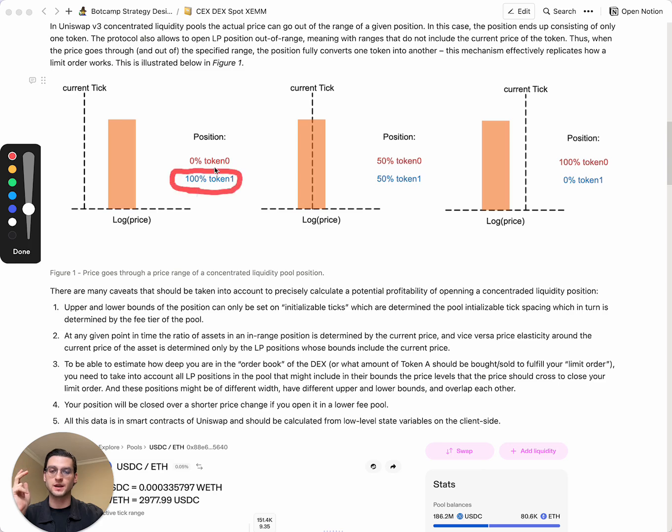So for example, here, the price goes from right to left, increasing, and token 1 is the base token, let's say Ethereum, token 0 is the quote token, which is USDC, for example.